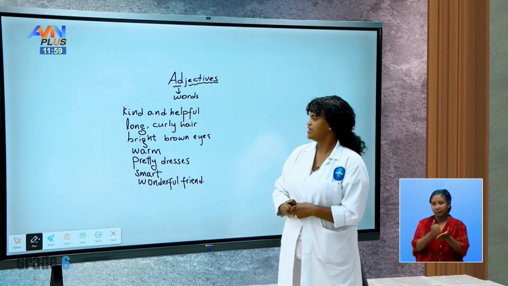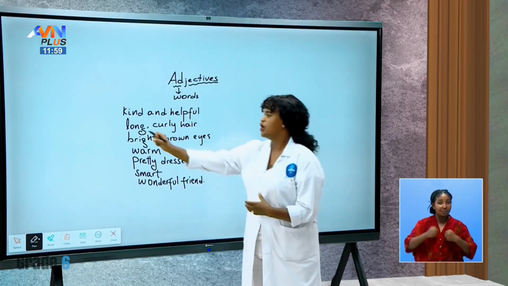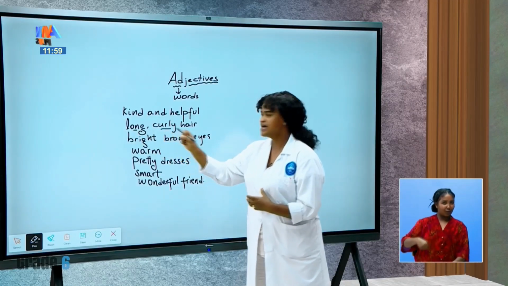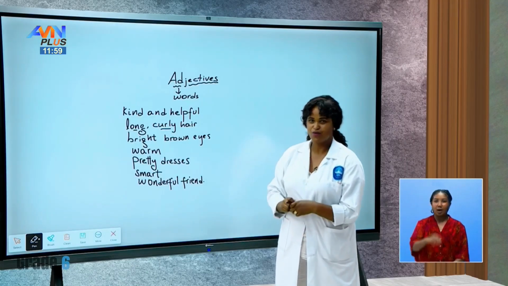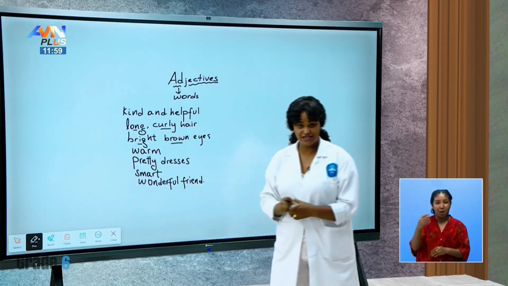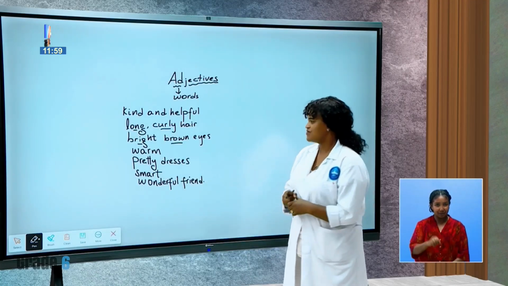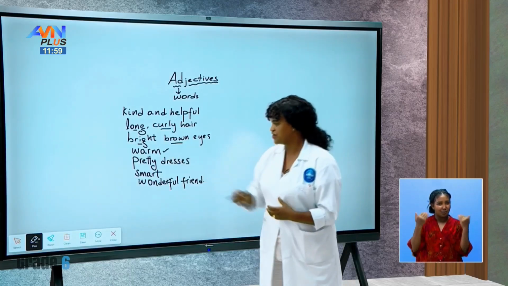Oh, okay. How about the hair? Yes, she has what? Long and curly. All right. Let's talk about the eyes. What do we say? Bright and brown eyes. Right? All right. How about the smile? Warm smile. Good.